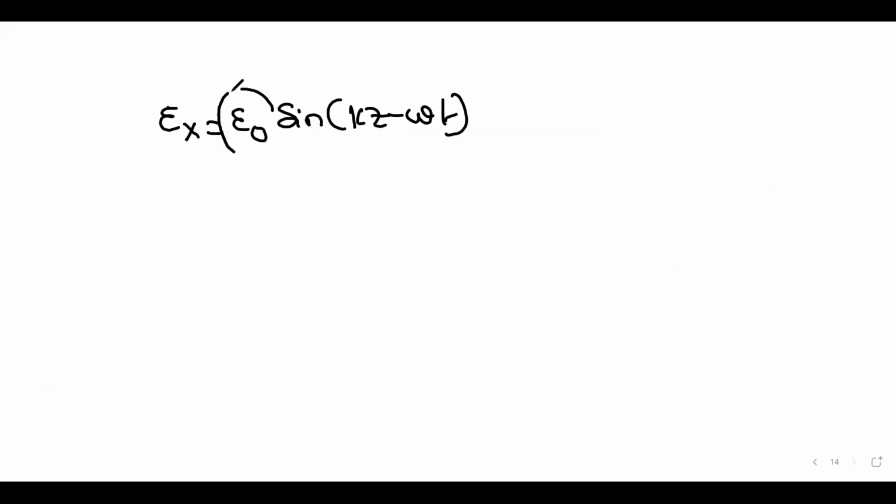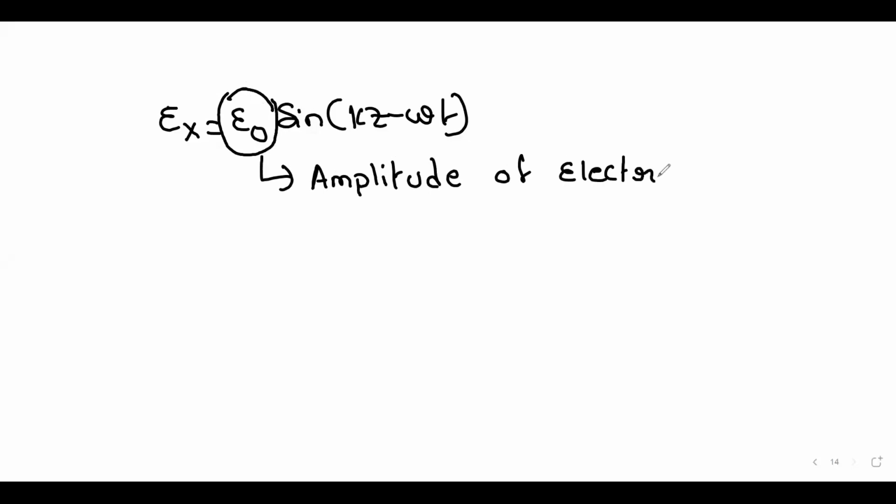E naught is the amplitude of the electric field. What is K? K is the wave number. Omega is the angular frequency.